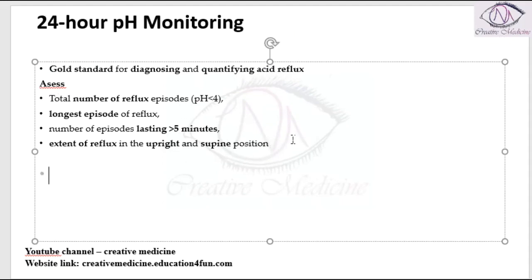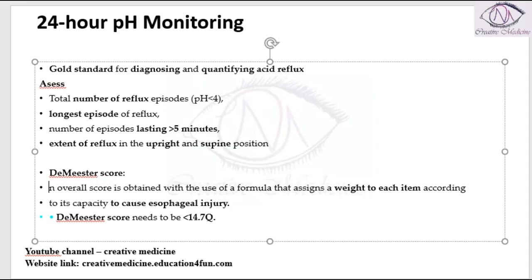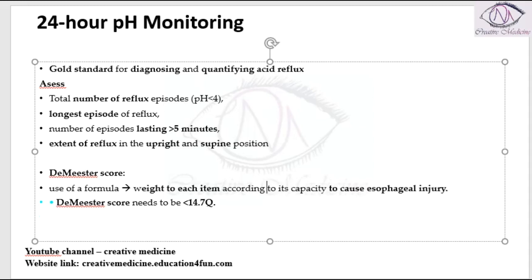Now by doing the 24-hour pH monitoring, we can calculate a score which is called the DeMeester score, which is very important. This DeMeester score is obtained by using a formula, and this formula tells us about the reflux; each item is weighed according to its capacity to cause esophageal injury.